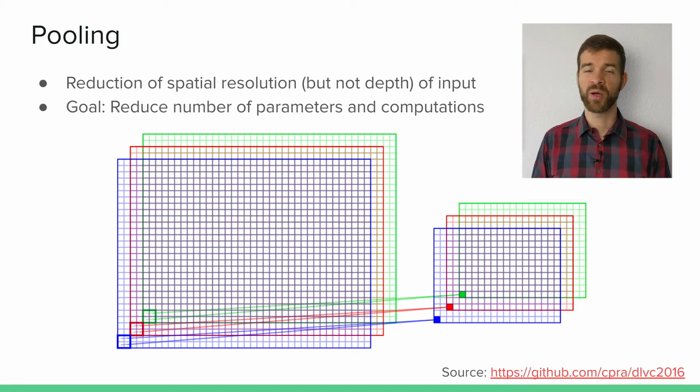Another very important operation that we can have with convolutions and in our neural networks is so-called pooling. What pooling does is we can reduce the spatial resolutions of our input, but not the depth. So if we have an RGB image, it will be another RGB image in the next step after pooling, but we reduce it in size.